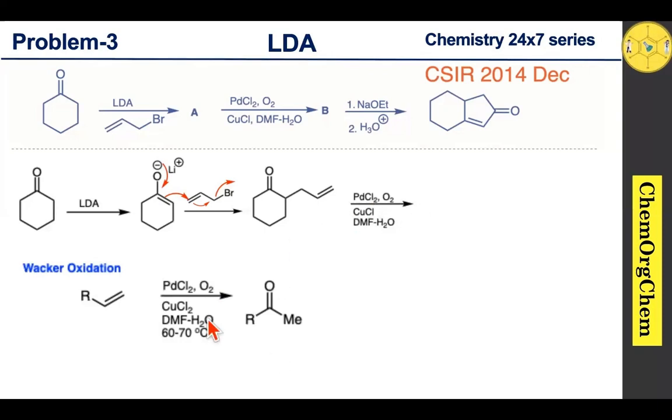So here closely look, only one difference between these two reaction conditions. Here they used copper 1 chloride, but the Wacker oxidation condition is copper 2 chloride. This doesn't matter if you use either copper 1 chloride or copper 2 chloride, because when you use copper 1 chloride under this reaction condition, it will convert into copper 2 chloride.